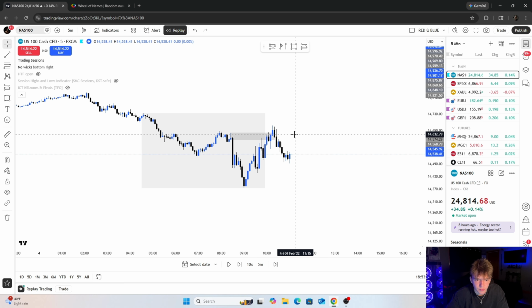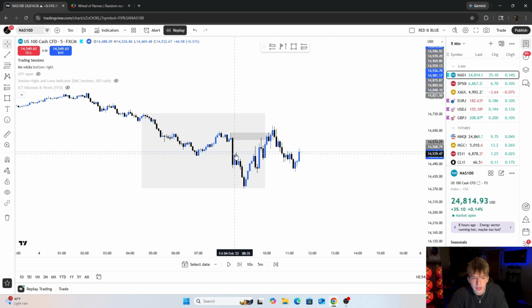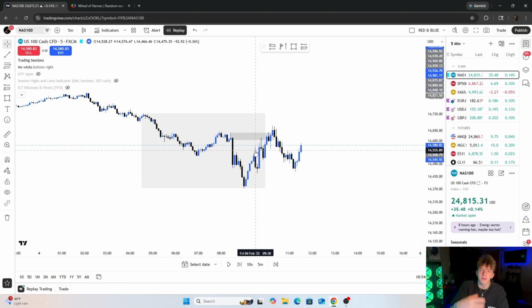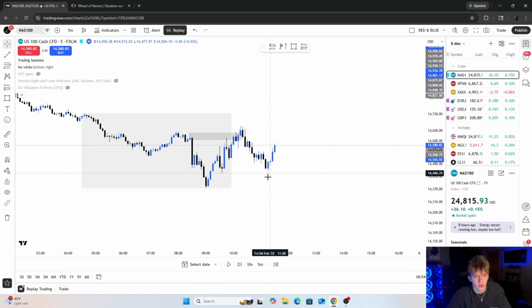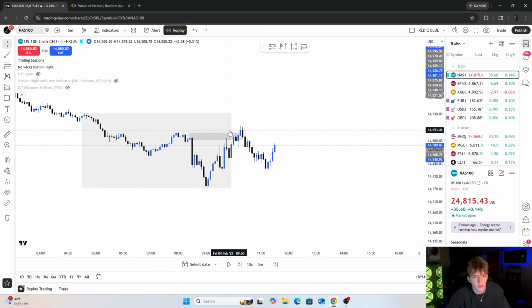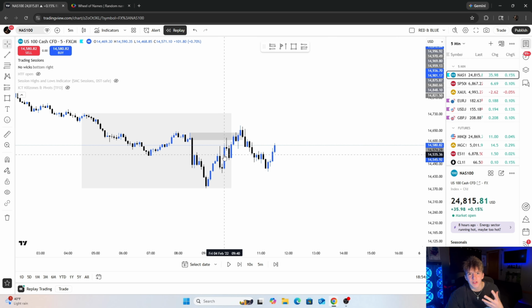So again, in my eyes that's not valid for the strategy. People teaching liquidity supply and demand, they take setups like that. Even though it wicked and we come up and get that nice rejection, in my eyes it's kind of invalid for the strategy.